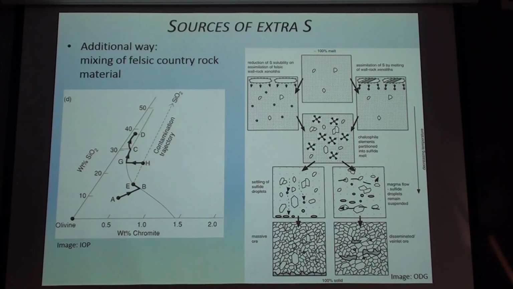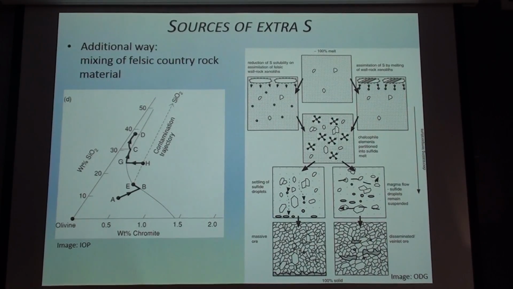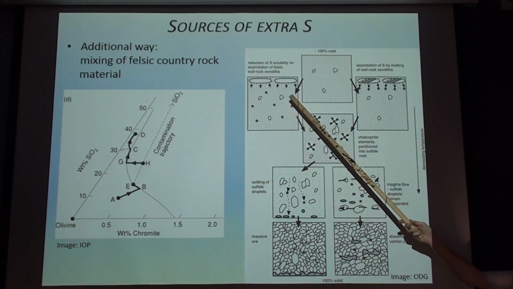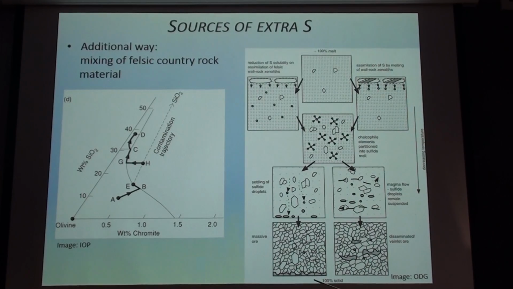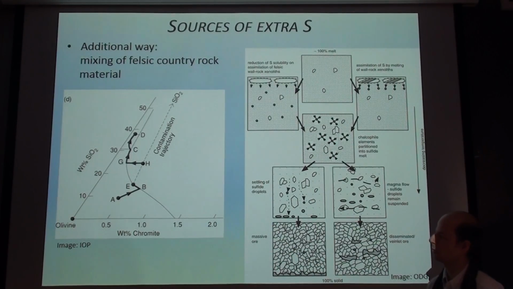So just a summary diagram. We start with the komatiite, which is 100% melt. We either incorporate some sulfur-rich country rock or floor, or else another way is by assimilating silica-rich or felsic country rock. And looking at this diagram again, very useful.